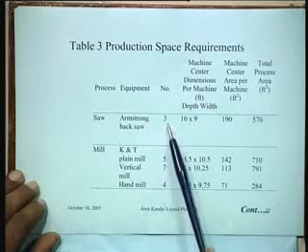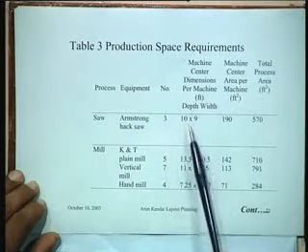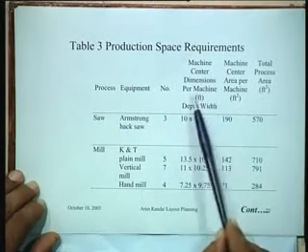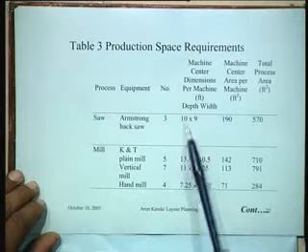Now, here we had assumed that the same size was there for each department, but you have to calculate the requirements of each department. So typically, how will we do that? For different departments, say if this is the saw department, you know that it houses this equipment, the Armstrong hacksaw, and there are 3 of these. The machine center dimensions for each of these in feet is 10 by 9.